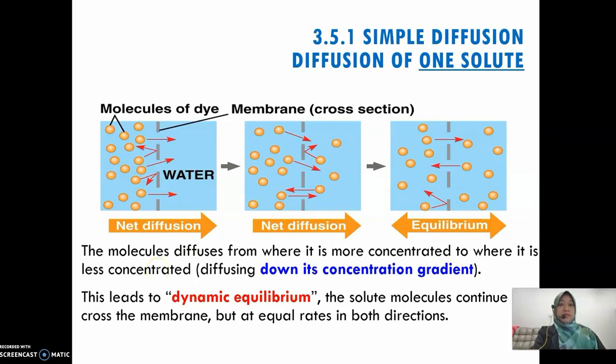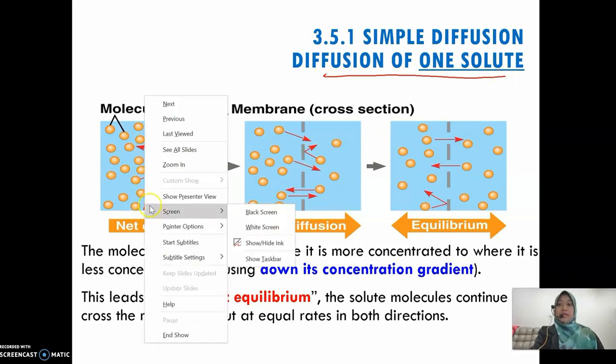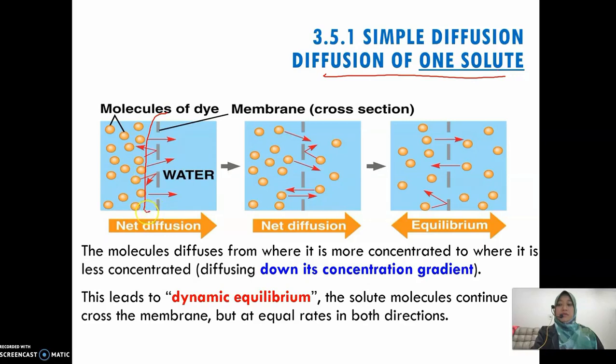This is an example of diffusion of one solute. We can see here that this is a membrane that allows certain molecules to pass through it.